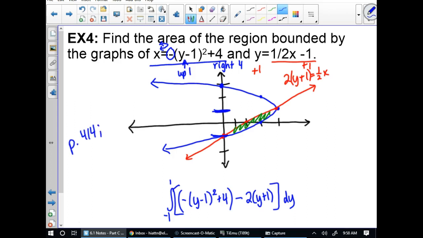And sorry, let me check this to make sure. 17 and 18, and then 27 through 30.